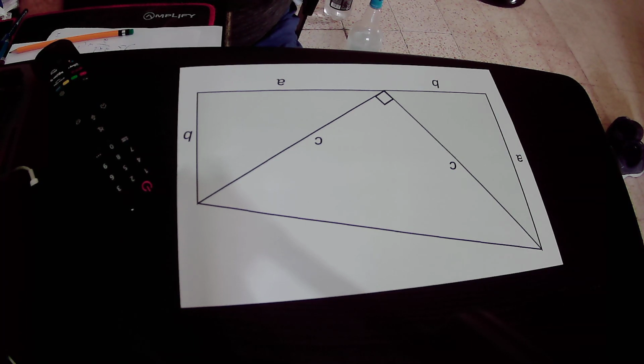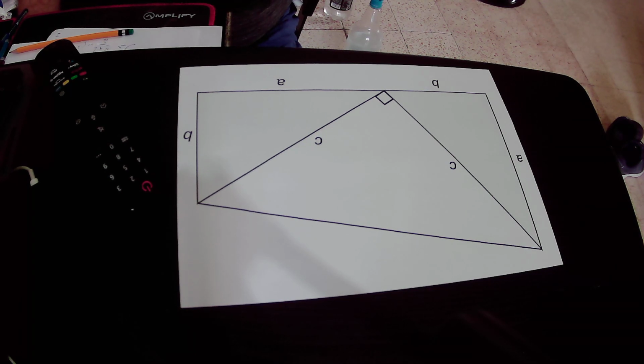And actually the angle between side A and side B in the right triangle is 90 degrees because it is a right triangle, and also the angle between side B and side A in the left triangle is 90 degrees.